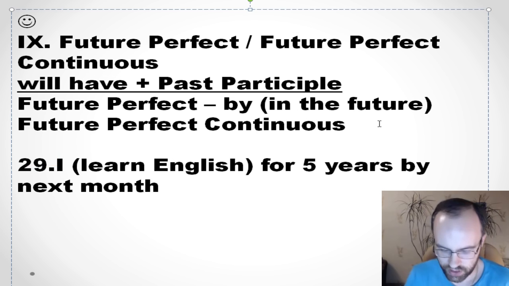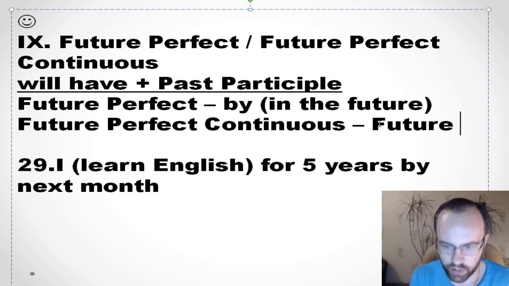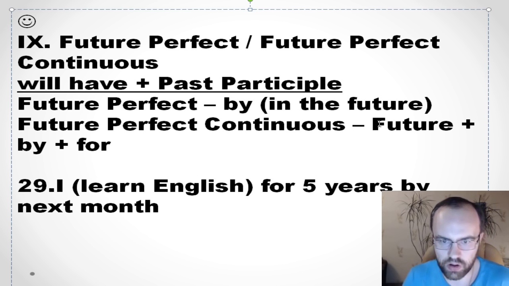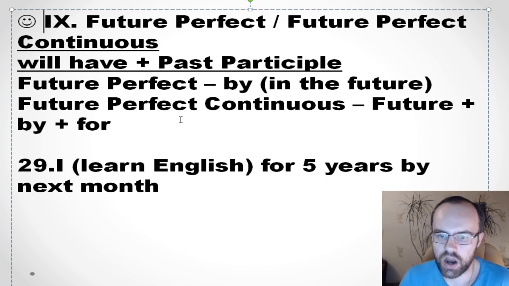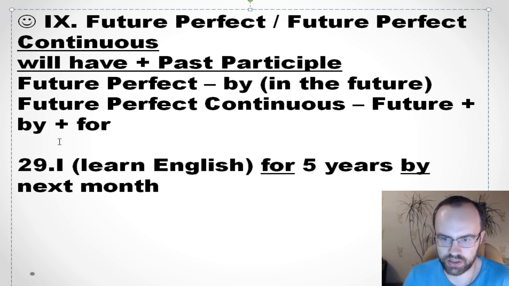It's about the future, but when you have by and for, you know that continuous is about long actions. Look at this sentence. I learn English for 5 years by next month. For and by. If you have only by, you need to use future perfect. If you have both by and for, you need to use future perfect continuous.